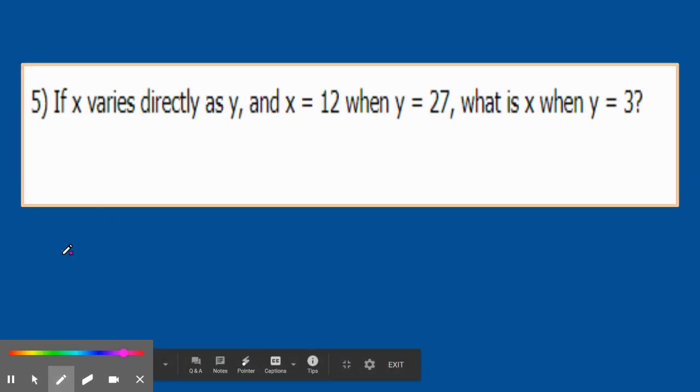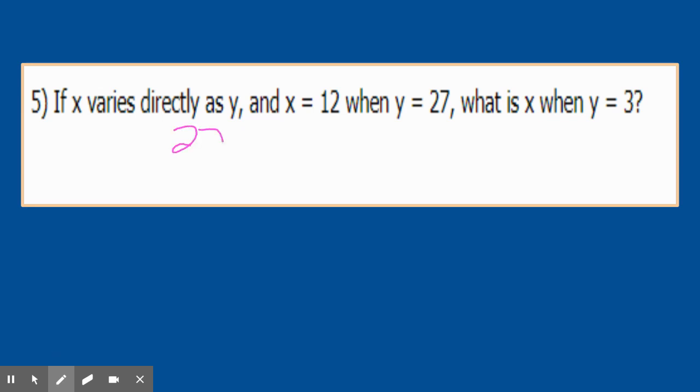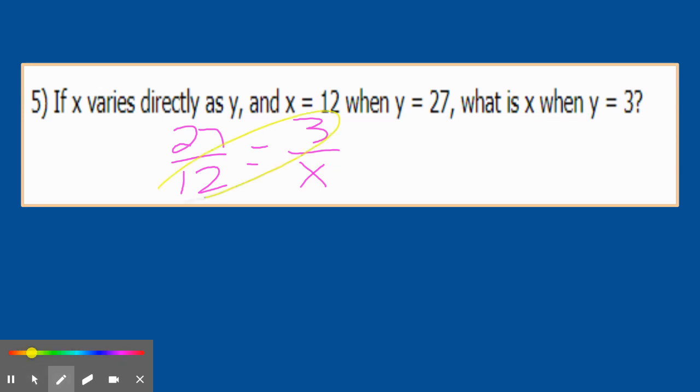And next part: if x varies directly as y, x is 12 when y is 27, what is x when y is 3? So we're going to set it up as a proportion. So we're going to do y over x, so we have 27 over 12 equals 3 over what is x, which is what we're going to find. So we can use what we learned yesterday about cross multiplying. So we can multiply diagonally. 27 times x is 27x.